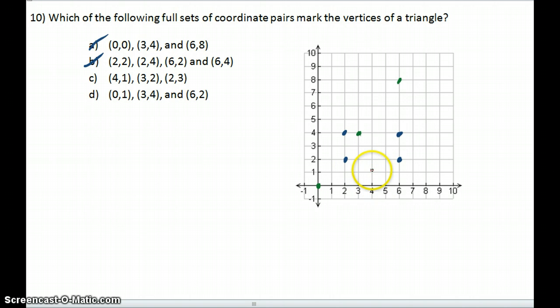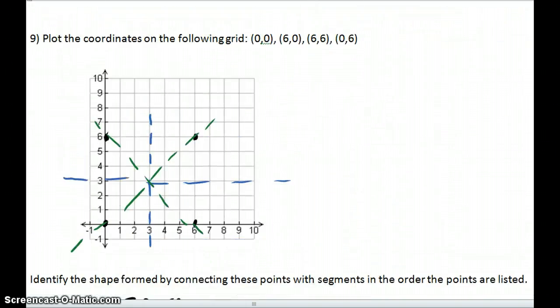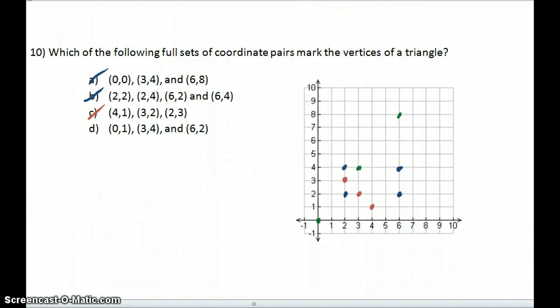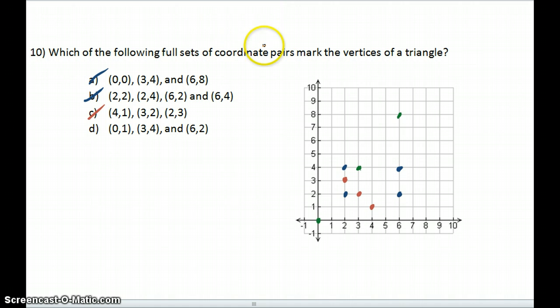The third one, it again has 3 points that are currently in a line. And our final one, we hope it's correct. If it's not, we have to go back through and make the corrections.